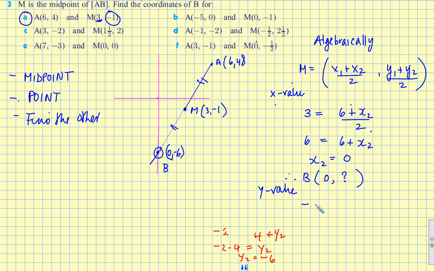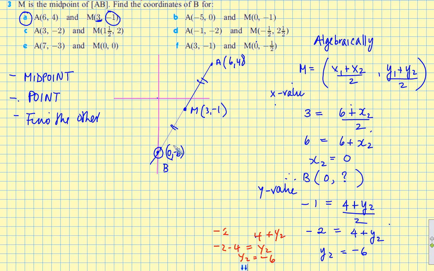So I'll write negative 1 is equal to 4 plus y sub 2 divided by 2. And I end up getting negative 2 is equal to 4 plus y sub 2. And in isolating for y sub 2, I end up getting it's equal to negative 6.